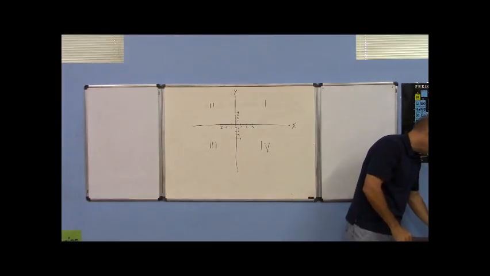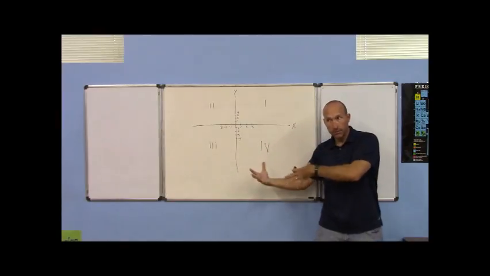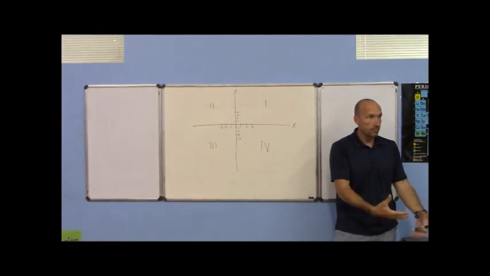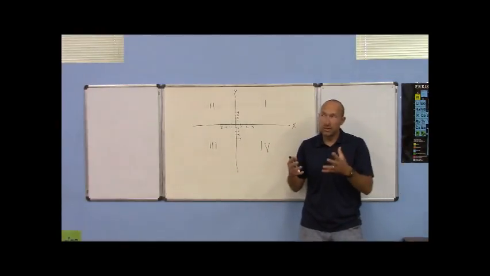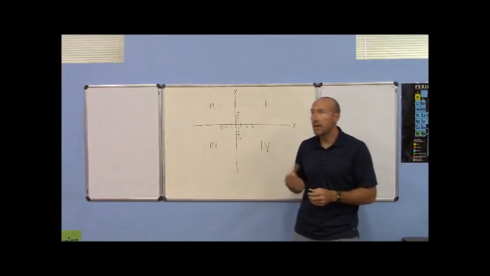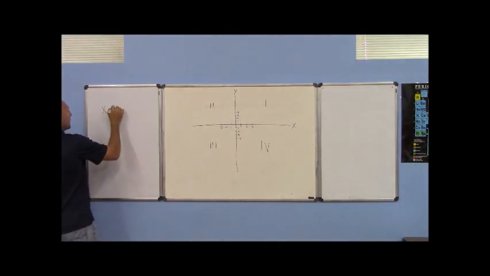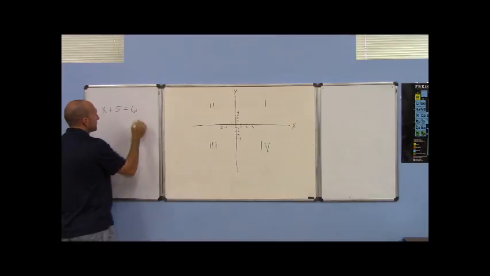All right, now, again, what we are doing with this is we're going to take an algebraic expression which usually is going to involve a y and an x. Okay, we've done algebraic expressions like x + 5 = 6.